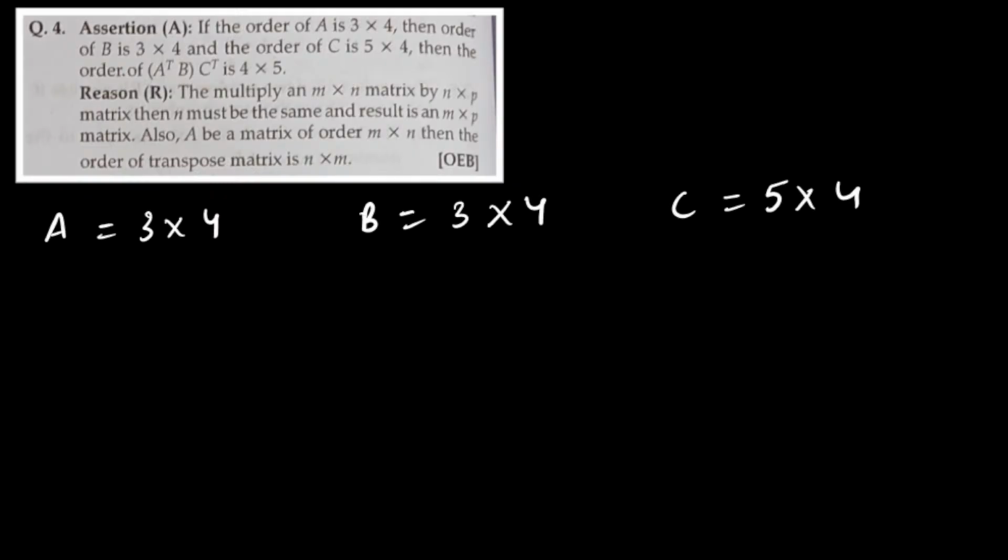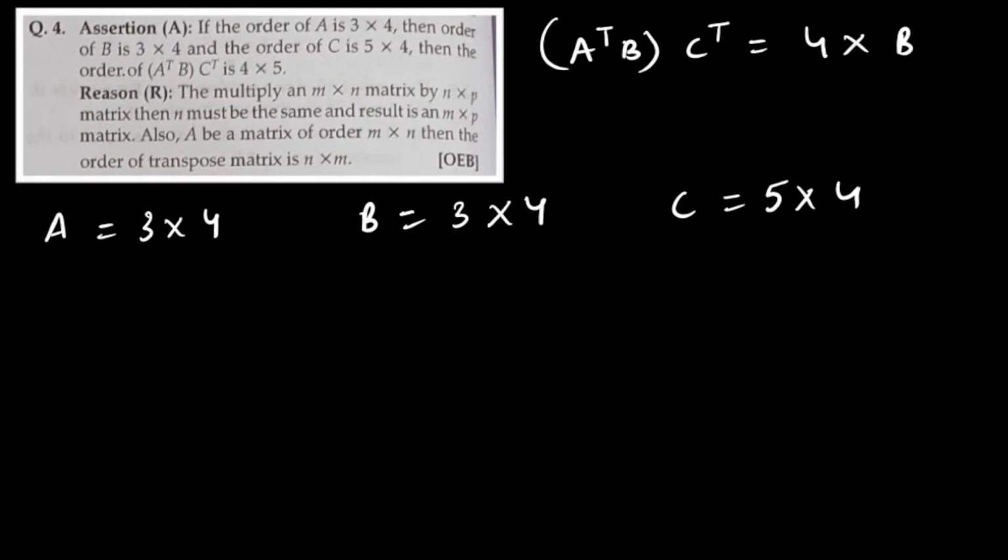Now, the order of matrix A is 3 by 4, B's order is 3 by 4, C's order is 5 by 4. This is given to us. Then they are telling the order of A transpose into B into transpose of C is equal to 4 by 5.